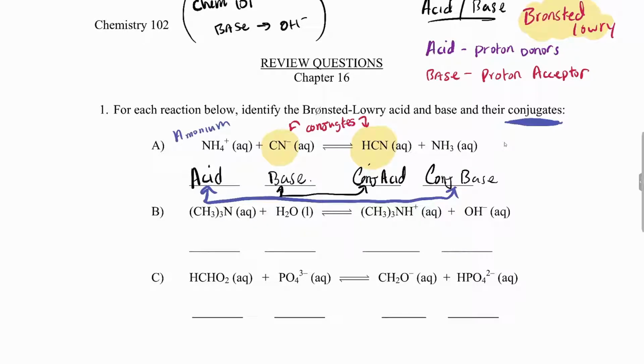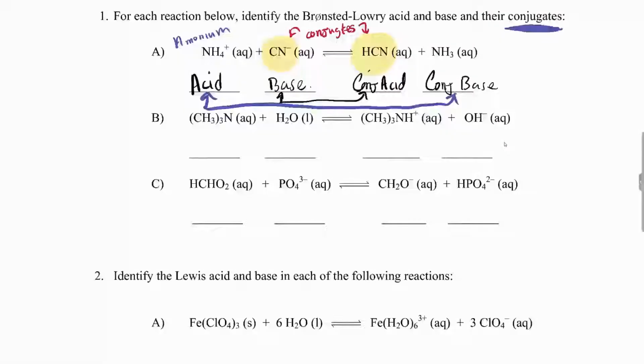Okay, so we see then that this source here of CH3N has no protons, and on the right side we see that it has gained a proton. So that would mean that it's acting as a proton acceptor, which would make that a base. Here's the cool thing.